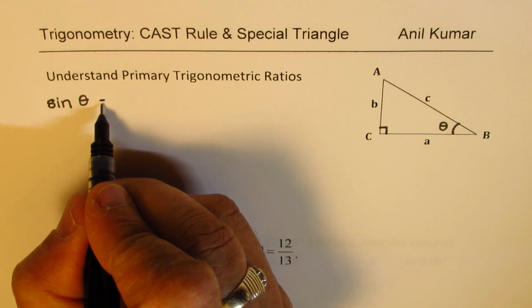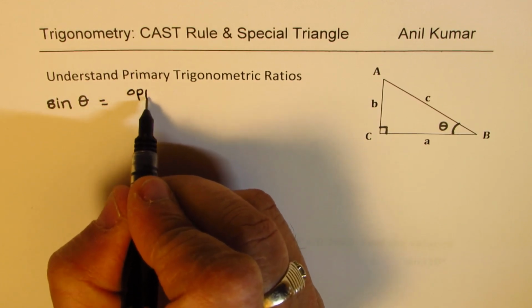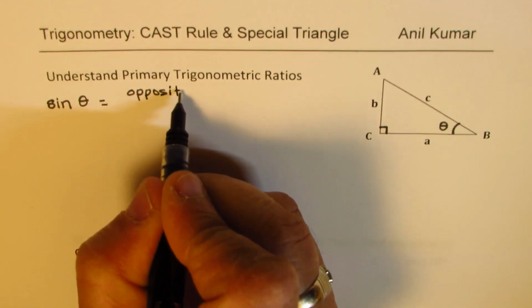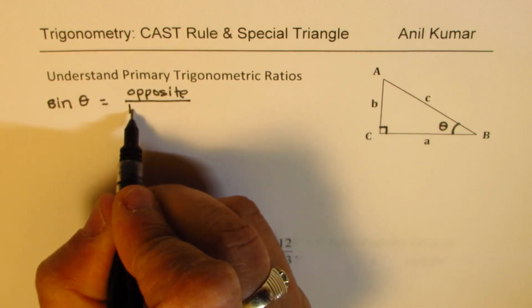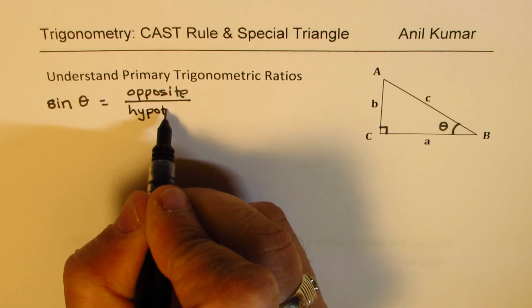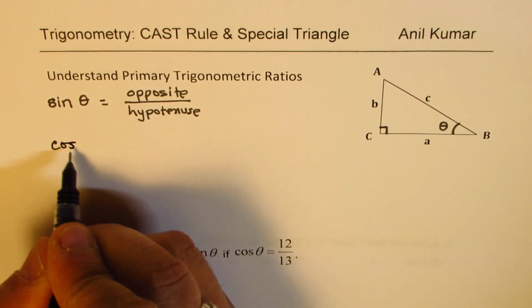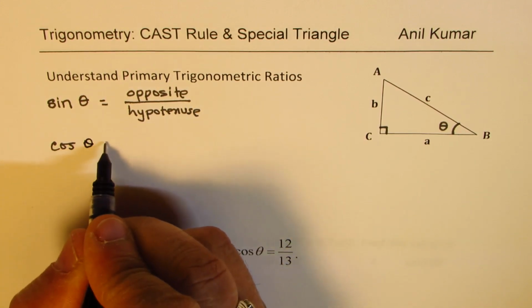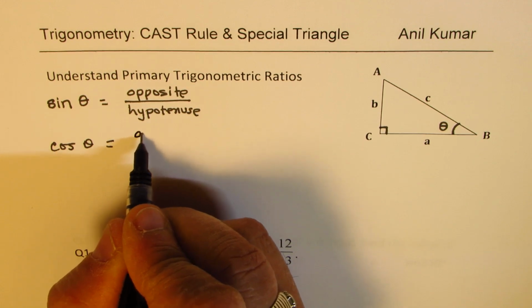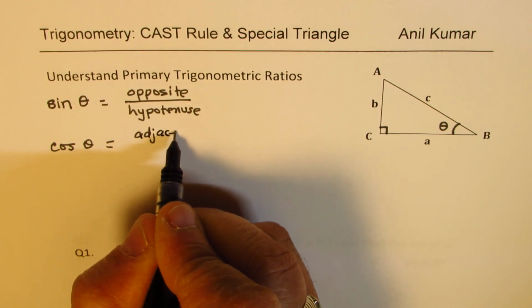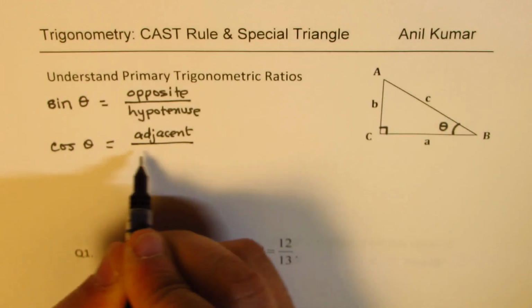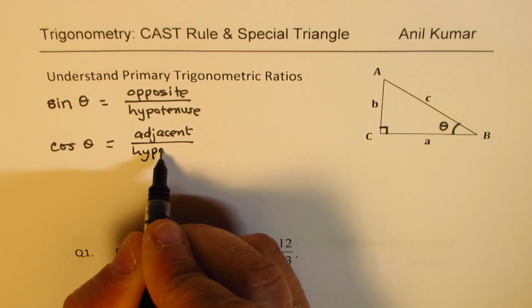Now sine theta is a ratio which is opposite over hypotenuse. Then we have cosine theta, written in short as cos theta, which is adjacent over hypotenuse.